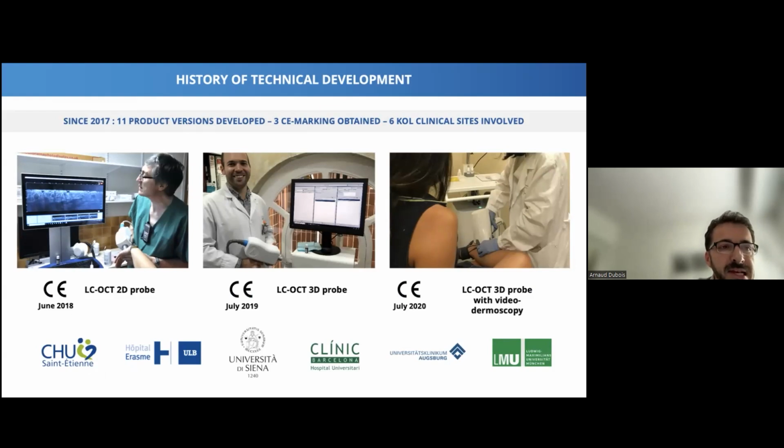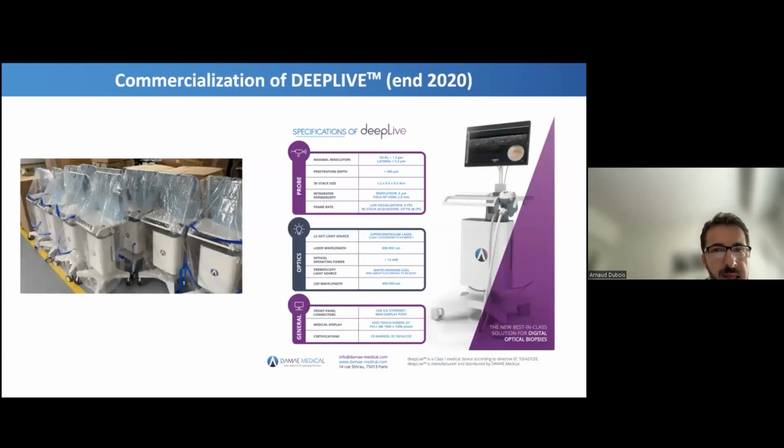A total of 11 prototypes have been built, the last 3 being CE marked for research applications. And the last prototype included a video dermatoscope. And since the end of 2020, LC-OCT is commercially available. The device is called DeepLive.